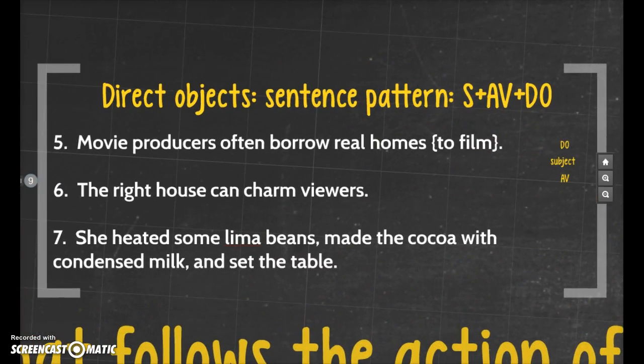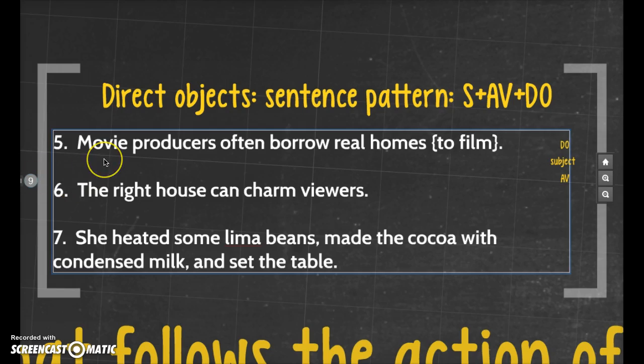practice questions. This is going to follow the sentence pattern of subject plus action verb plus direct object. This is the sentence pattern we're focusing on. This is our first one. It says, movie producers often borrow real homes to film. As I'm looking at this sentence, something stands out to me.